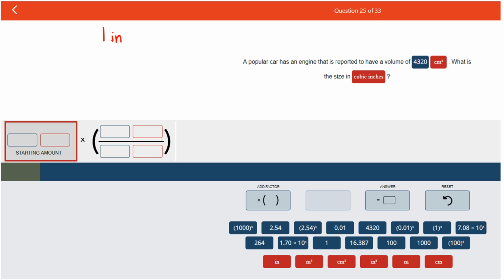In our reference packet, we have a conversion factor that says 1 inch is 2.54 centimeters. Now, I'm trying to go from centimeters cubed to inches cubed. Can I use that conversion factor as it is?